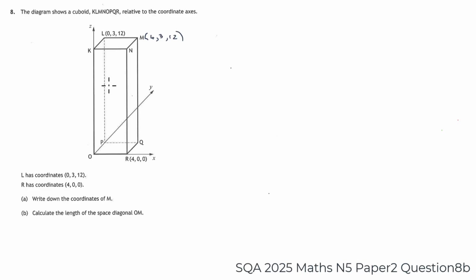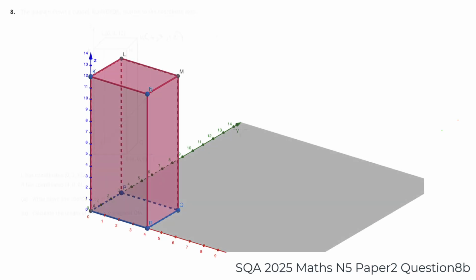In part B it says we have to calculate the length of the space diagonal O up to M. Well, again, let's have a look at this in more detail on another diagram. So here we have the diagram that we had before, where the cuboid is sitting on the axes and the scales are in there with the 4 and the 3 and the 12.